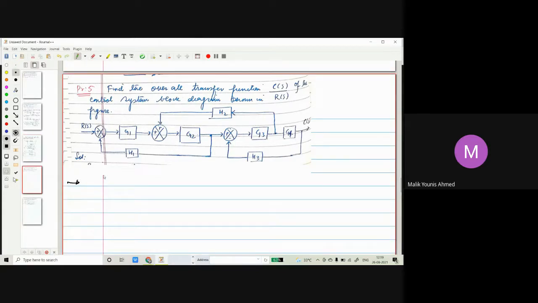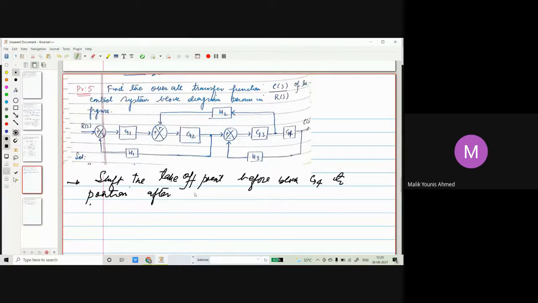Shift the take off point before block G4 to the position after block G4.